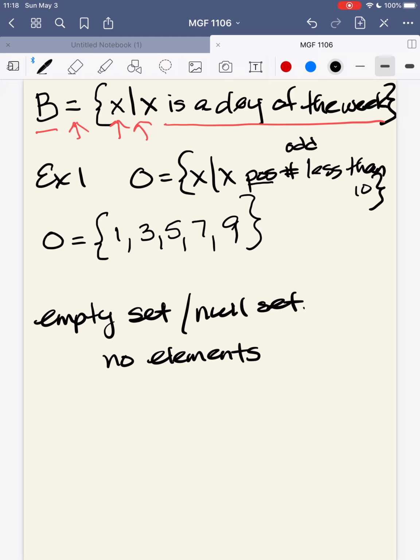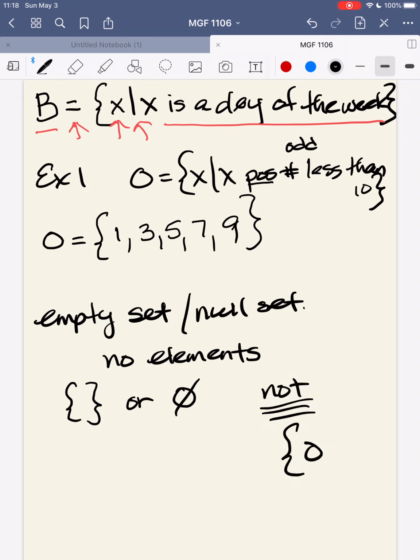The empty set is only represented by either an empty set of braces or the zero with a slash mark through it. Not this. Some of you have seen this before. This is not appropriate to use to tell us what the empty set is, so please do not use that notation.